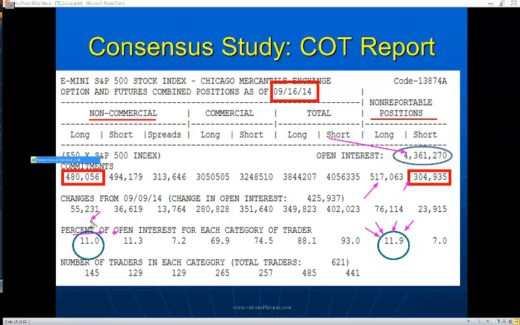The percent of open interest is what's really important in understanding the Commitment of Traders. Because while you might see the numbers by just casually looking at it, 517, 304, oh, it's not 2 to 1, but whoa, they actually, as I shared with you, were 15% short and the market went up, and they were almost 12% long and the market went down.